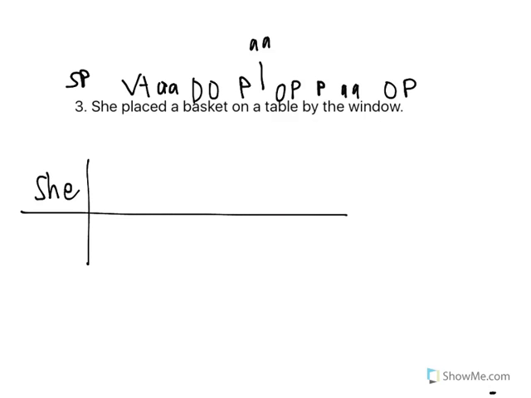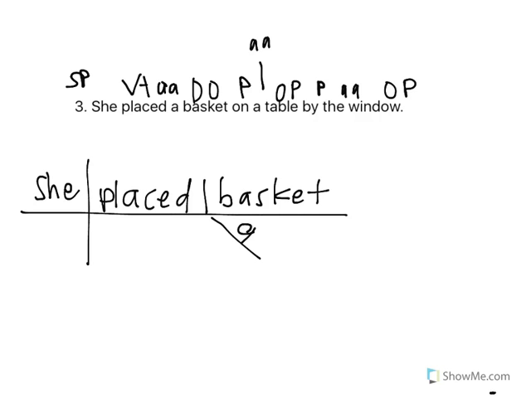She placed basket. We're going to do this one in the same way. First of all, it's going to be a basket because a is modifying the word basket. Now this prepositional phrase is modifying placed.